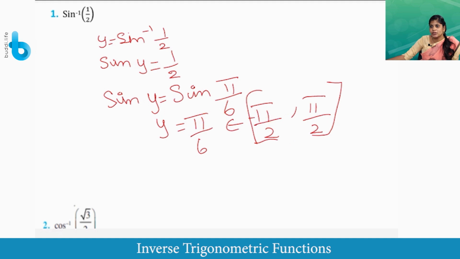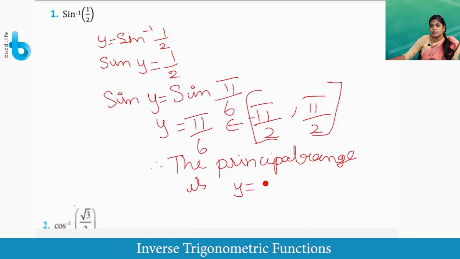You need not write this in your exam. Up to this it is enough. Therefore, the principal value is y equal to pi by 6. This is how you should conclude your answer.